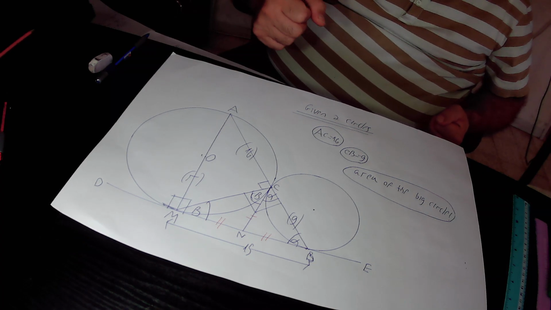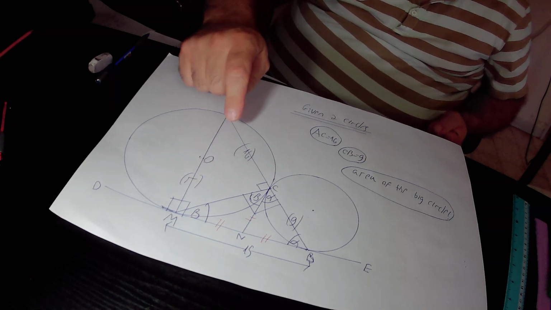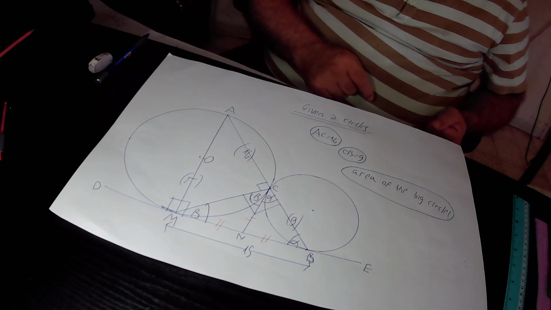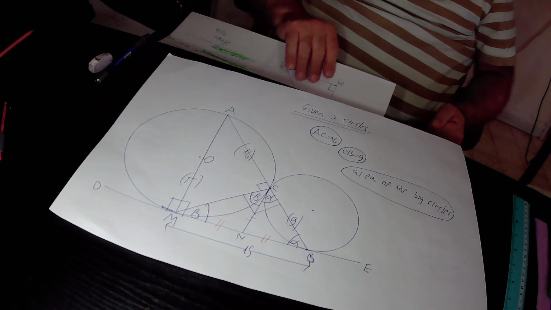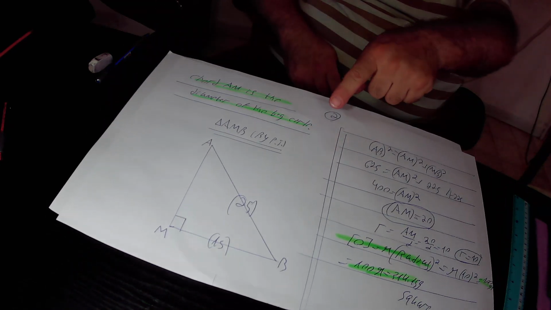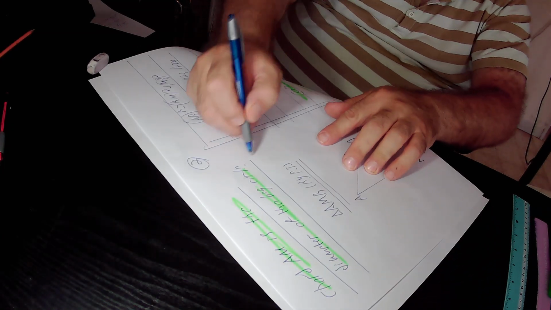And because peripheral angle ACM subtends on AM, we conclude that AM must be the diameter of this circle. So chord AM is the diameter of the circle according to rule 5, of course.